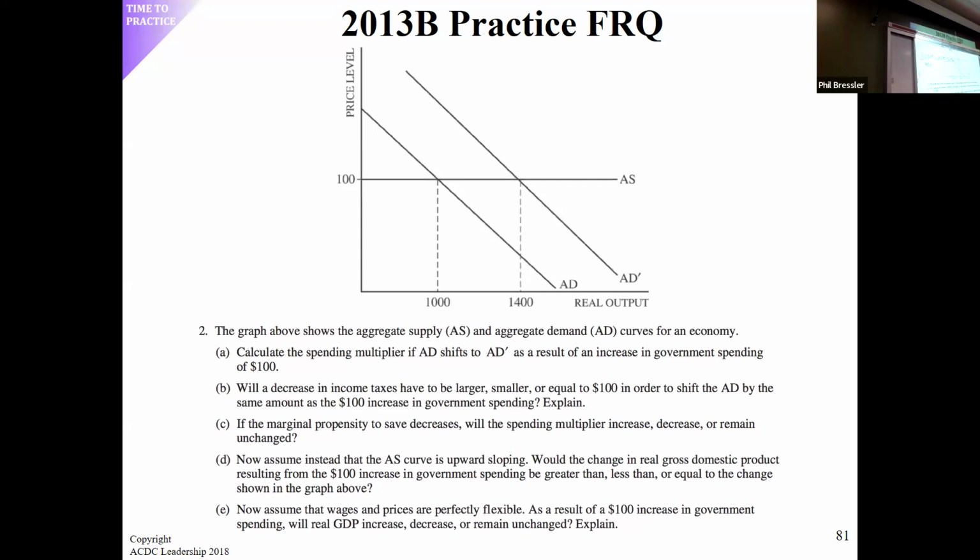Or, what's the initial government spending? Oh, 100. And we don't know what the multiplier is, so it's X. So it's 100X equals 400. So the multiplier is 4.